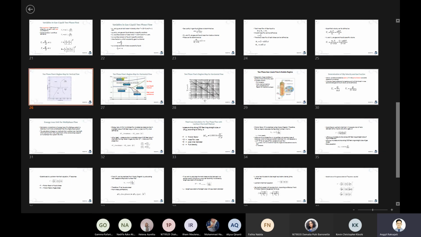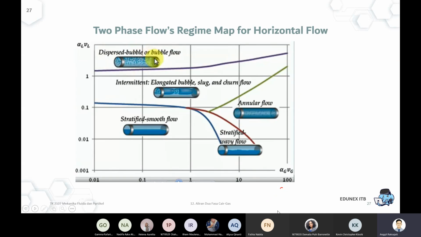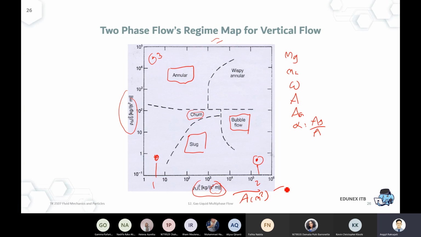Okay, what happens if we increase the diameter of the pipeline? What do you think will happen at the same mass flow rate? Do you think the velocity will increase or the velocity will decrease?